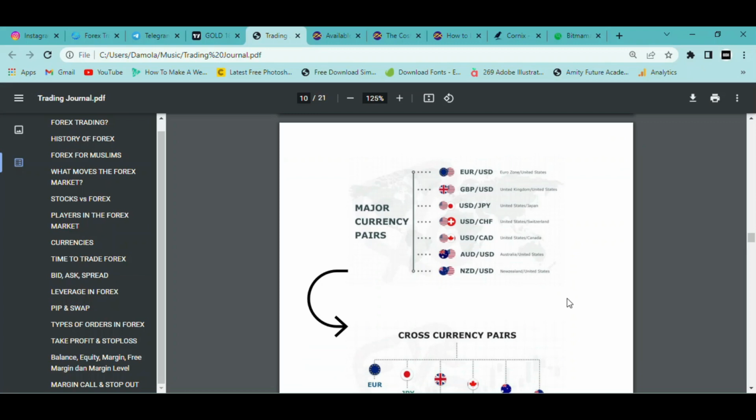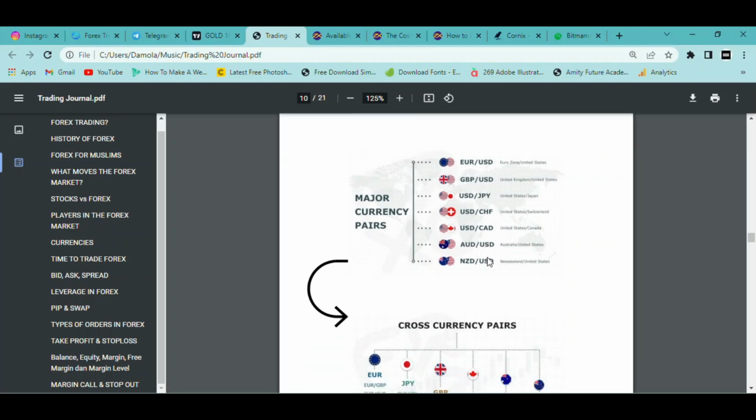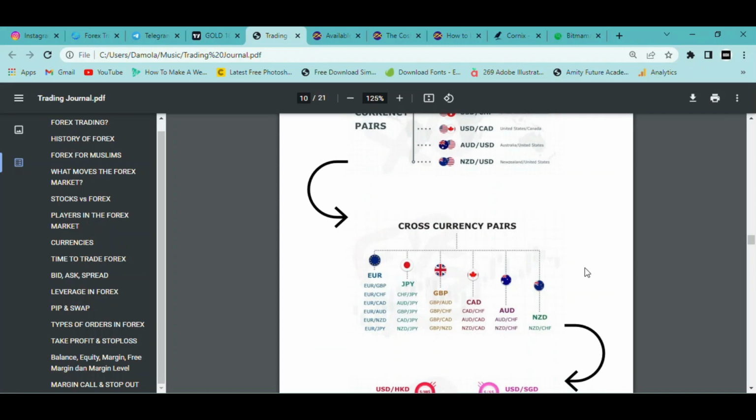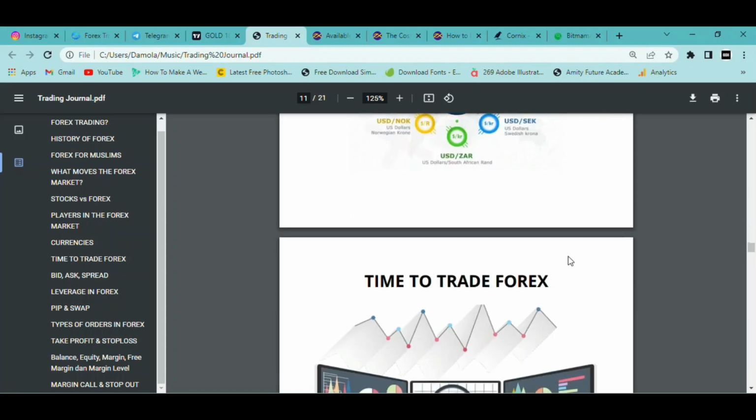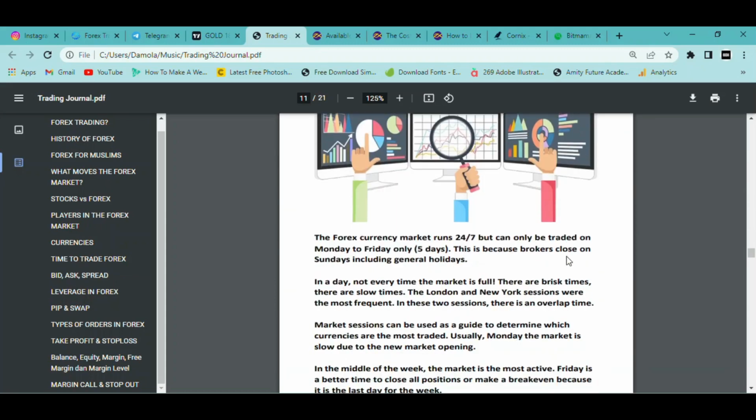These abbreviations are countries' currencies. We also have cross currency pairs, but we wouldn't be diving much into it because today is just an introduction class.